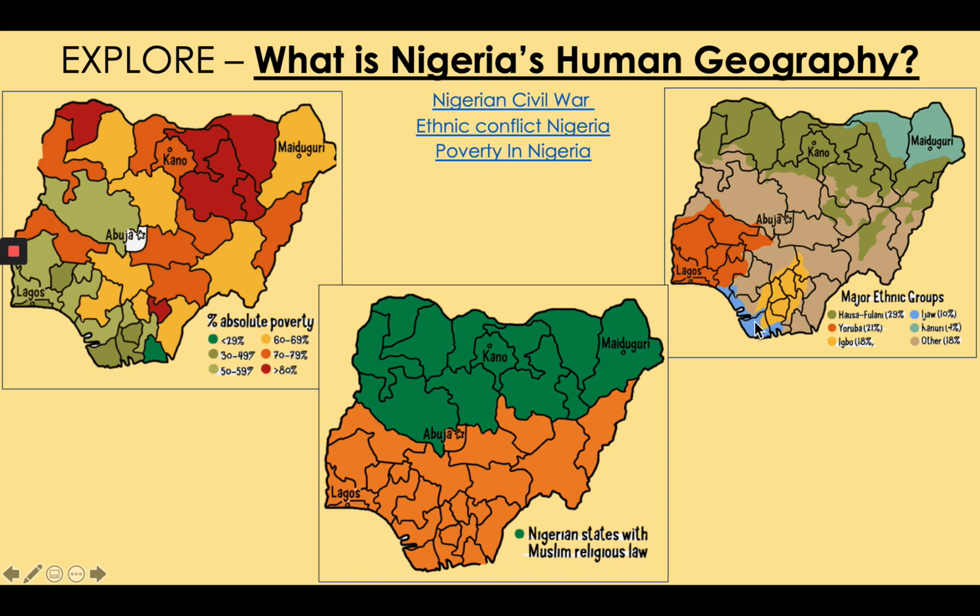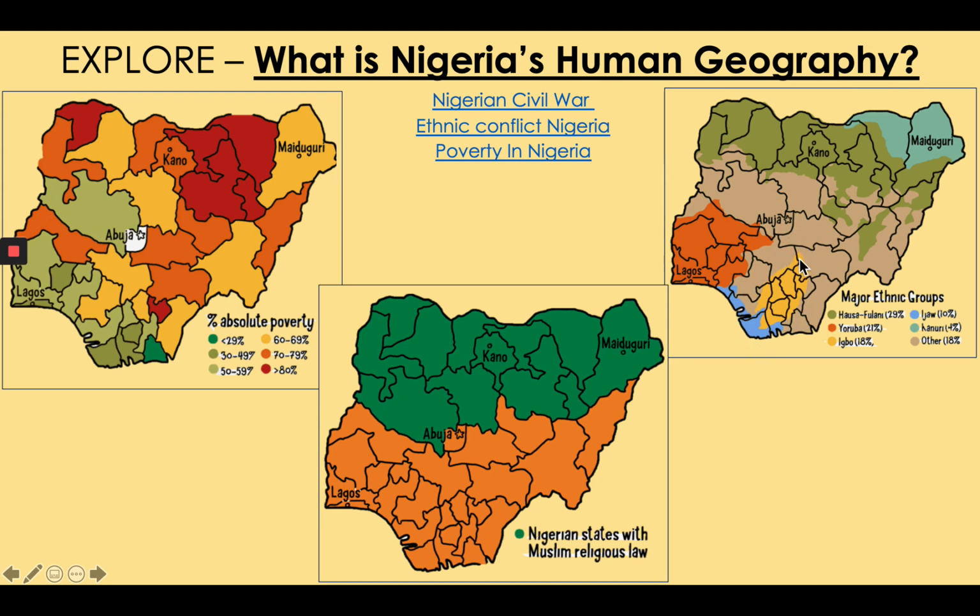That causes conflict. And finally, in the north, in this big green area, you have an ethnic group called Hausa Fulani. They are a Muslim ethnic group and have been for hundreds of years, and they are mostly farmers. So you have rich Yoruba, who have many Yoruba members in governments. They are powerful.